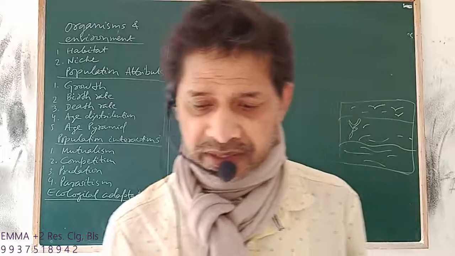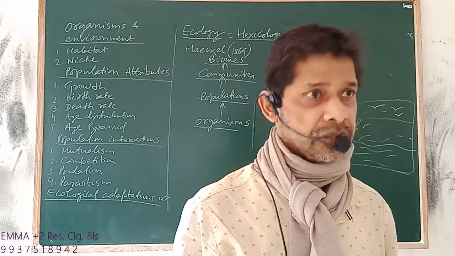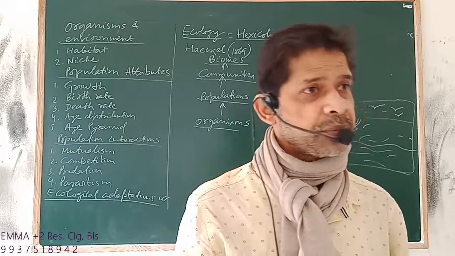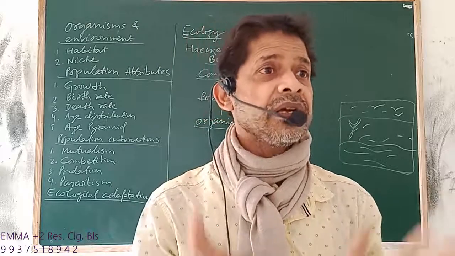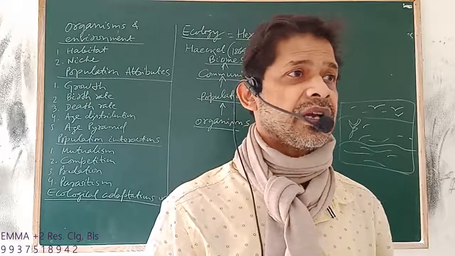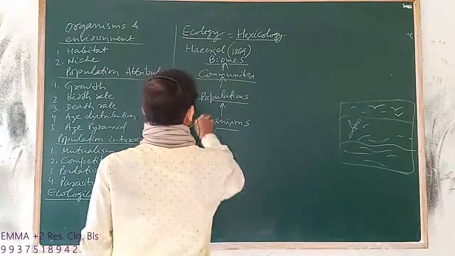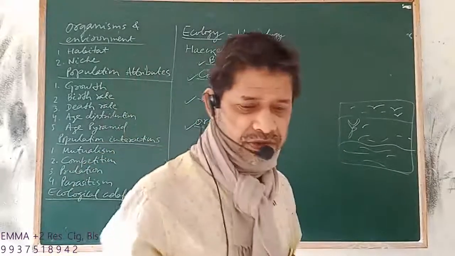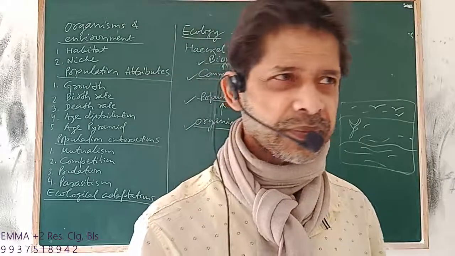So tropical rainforest climatic condition is quite different from desert. So desert is a biome, tropical rainforest is a biome, meaning a large geographical area with distinct climatic condition. So these are the four levels of biological organization which will be studied under ecology.